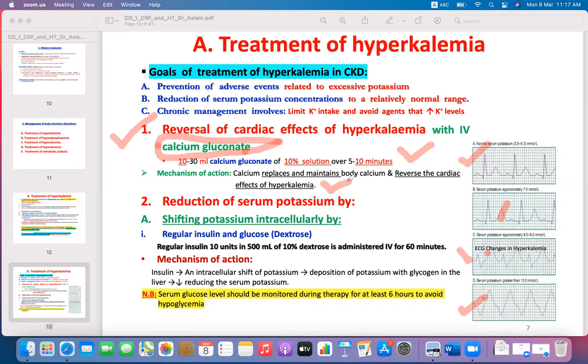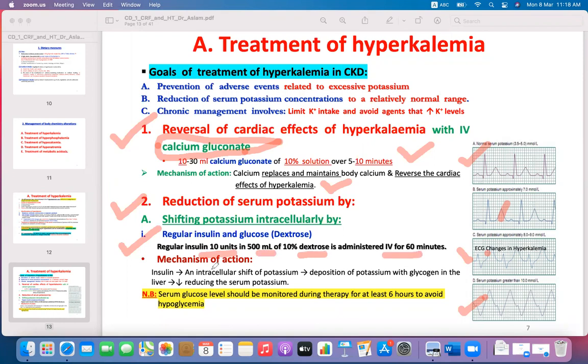Calcium gluconate. Okay, it will reverse the cardiac effect, but how can we reduce the serum potassium? For the reduction of the serum potassium, we need shifting of the potassium ion intracellularly, and we need regular insulin and glucose. Regular insulin 10 units in 500 ml of 10% dextrose is administered intravenously over 60 minutes.